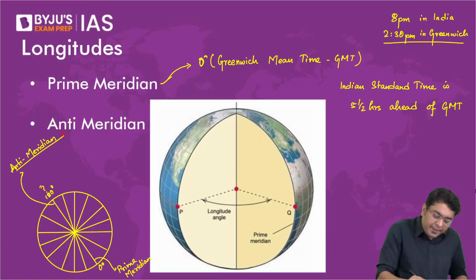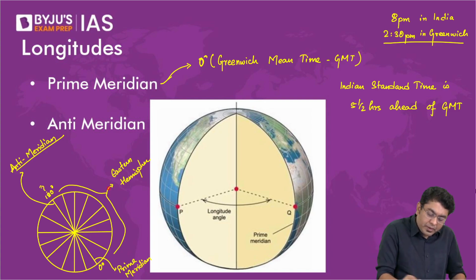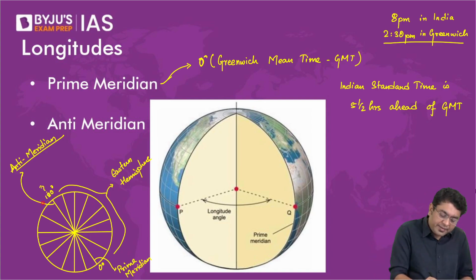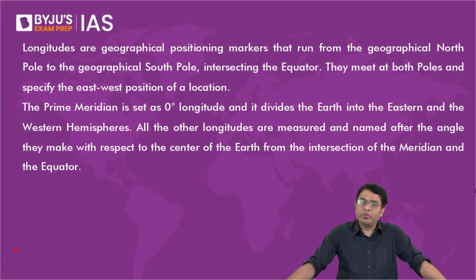In between them, this portion is referred to as the eastern hemisphere and this is referred to as the western hemisphere. So the equator also classifies the planet into two hemispheres. The prime meridian also divides the planet into two hemispheres.